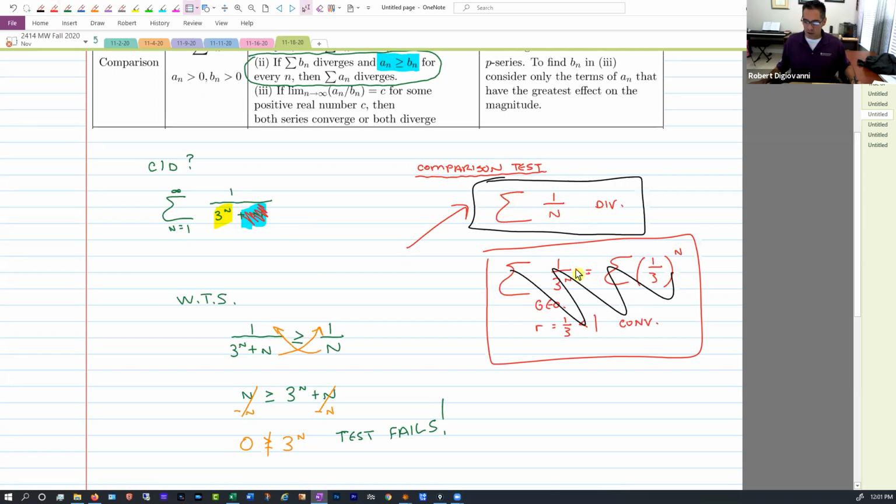All right, so let's go with the other one now. I'm going to start over. Here's the original problem. I'm going to compare this to the sum from n equals 1 to infinity of 1 over 3 to the n.